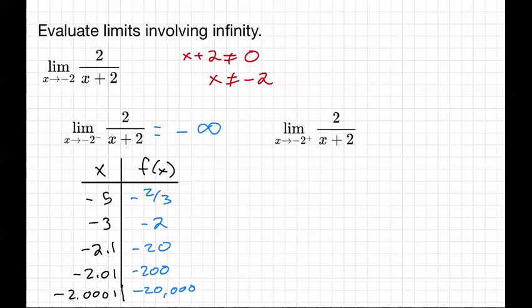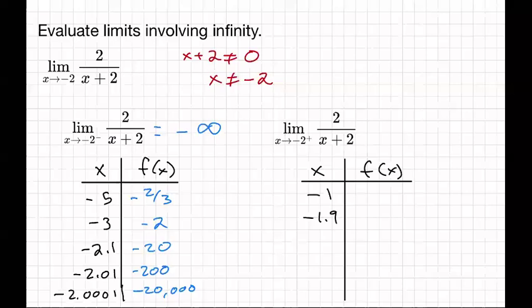Now, if we take the same approach, though, and we use the other side, this time I'm just going to do -1, -1.9, -1.99, and -1.999, and then 4 nines. Let's do 4 nines.